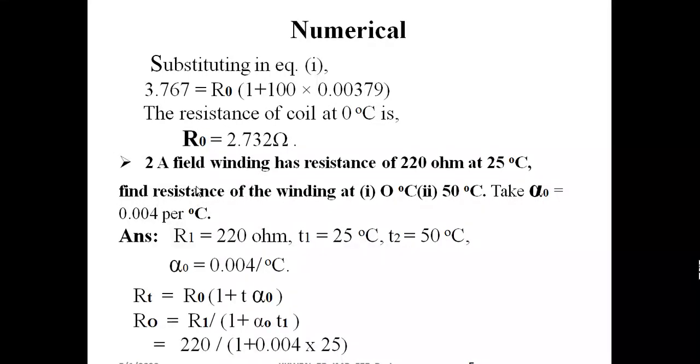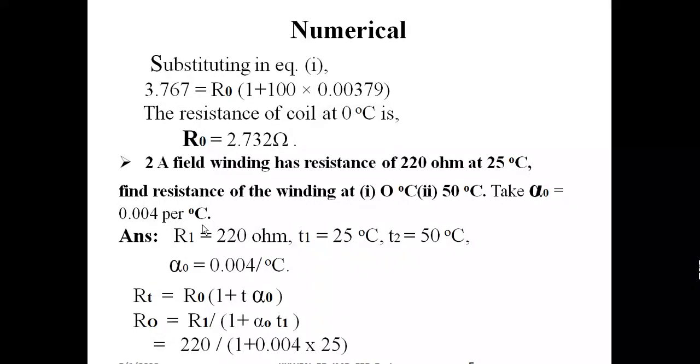The numerical statement is: a field winding of a DC machine has a resistance of 220 ohm at 25 degree centigrade. Find the resistance of the same winding at 0 degree centigrade and at 50 degree centigrade, and take alpha 0 as 0.004 per degree centigrade.